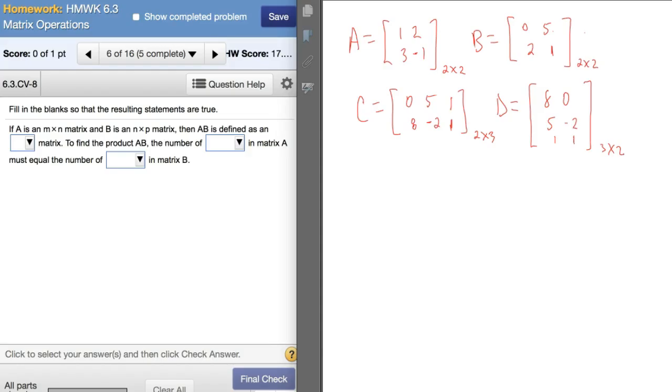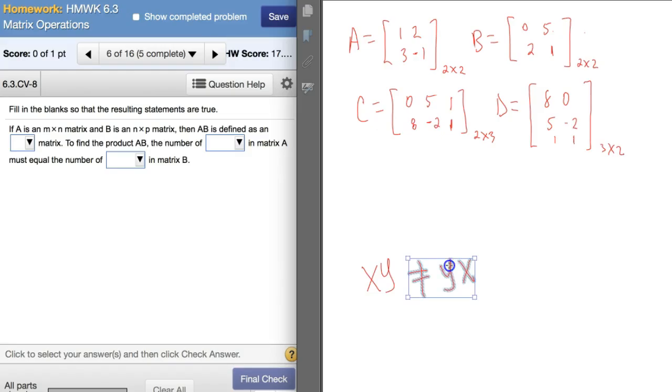So if we have some matrices X and Y, it is not guaranteed that matrix X times matrix Y will be the same thing as matrix Y times matrix X. Because of that, it depends upon the order in which the matrices are multiplied.